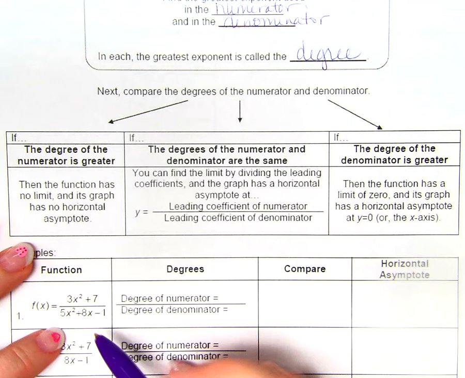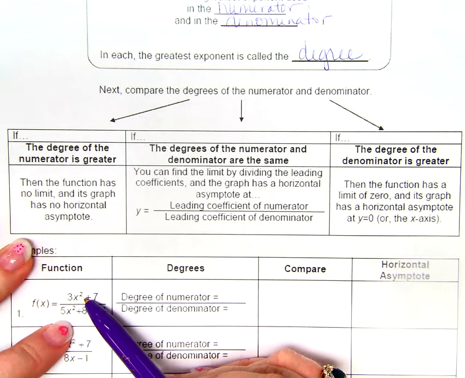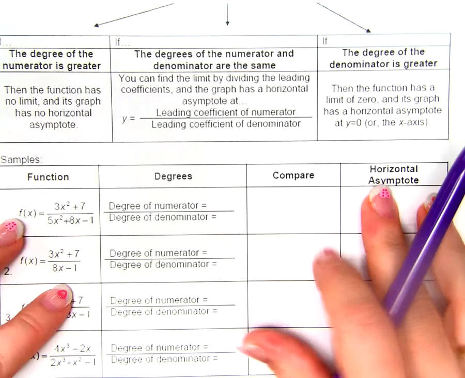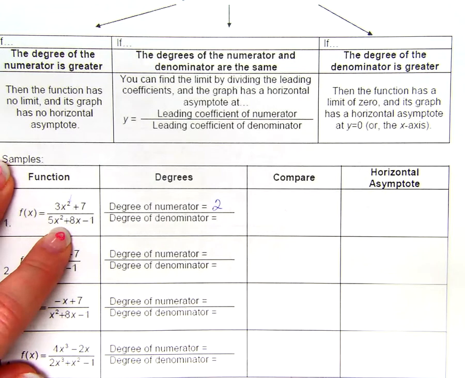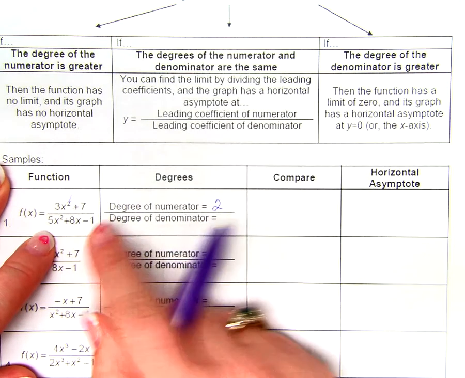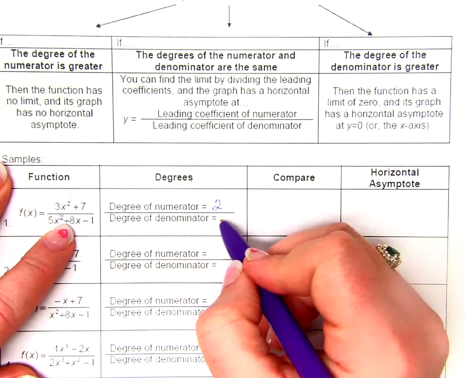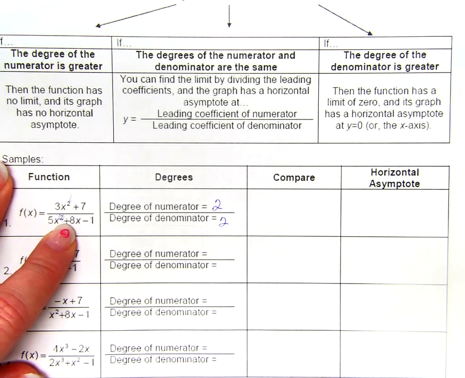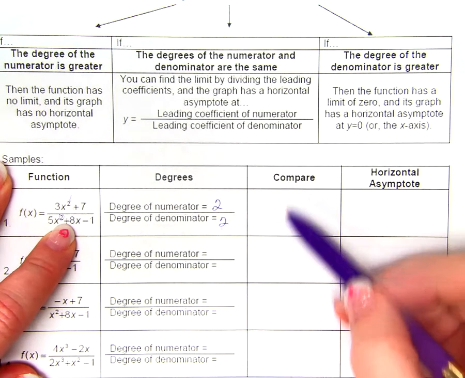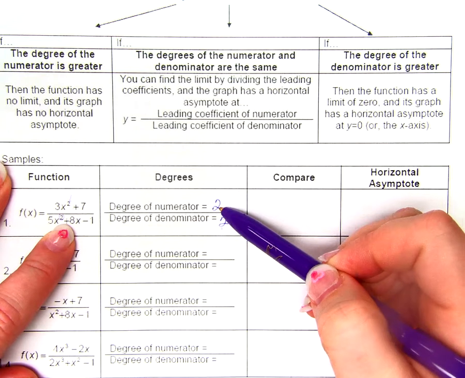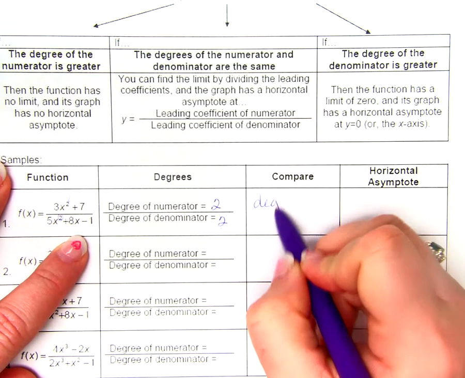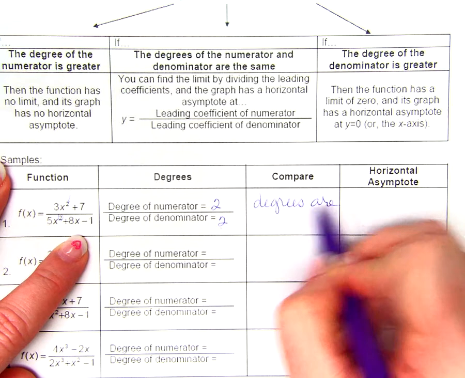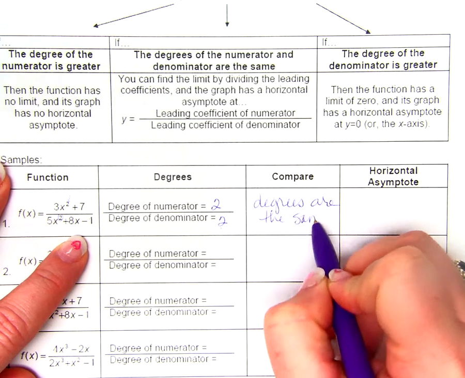So in this first problem, the degree of the numerator is 2. Since this is the highest exponent, that is the degree of the numerator. Look at the denominator. What's the highest exponent in the denominator? That's also 2. Okay? Compare them. The degree of the numerator is 2. The degree of the denominator is 2. So the degrees are the same.